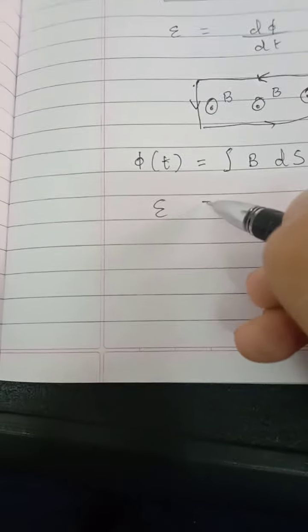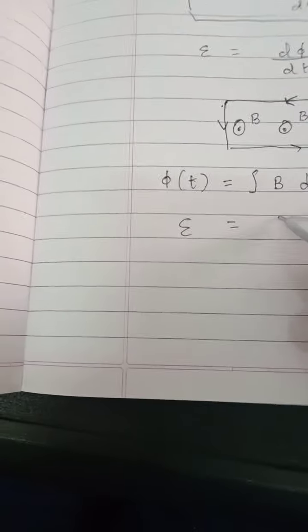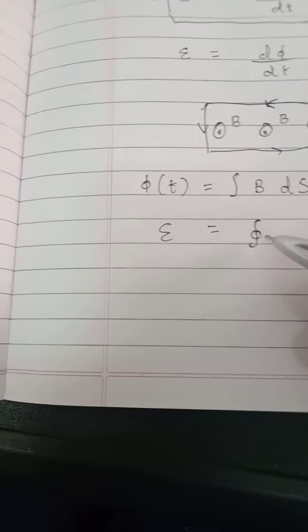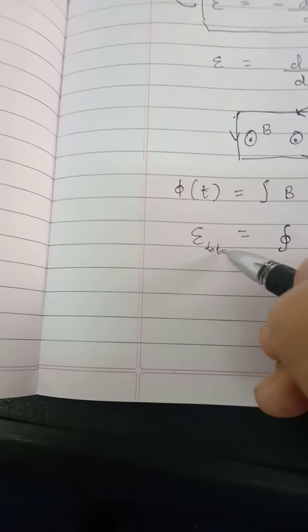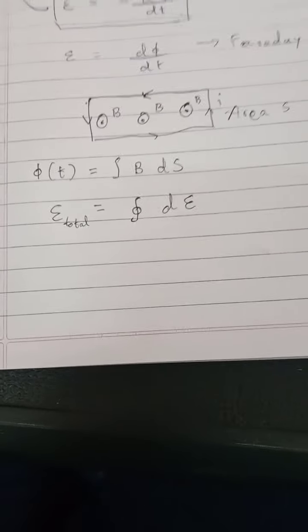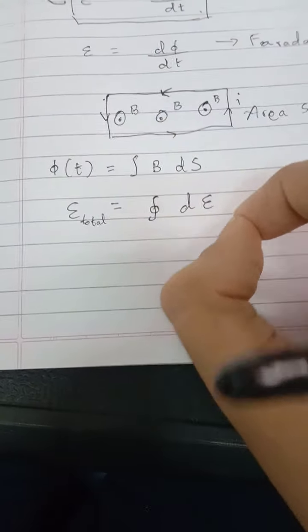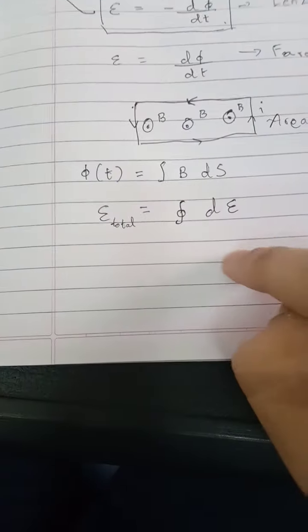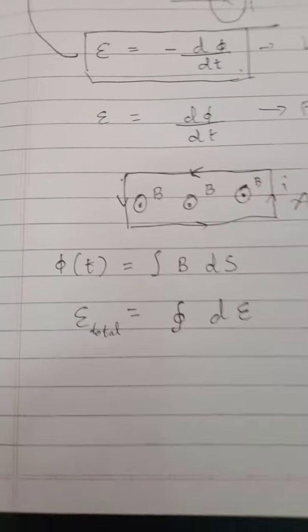So the total EMF is going to be equal to the line integral, which we represent by this closed circle, of d epsilon, right? We sum over each small contribution at each point. Yes, we call those tiny contributions d epsilon, and when we sum over the length of the wire, we integrate, we get epsilon total.